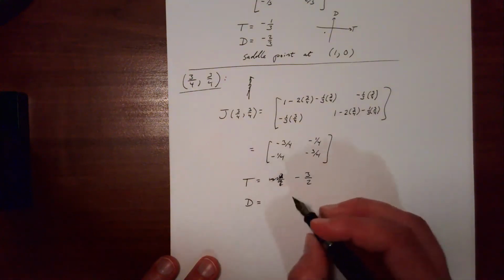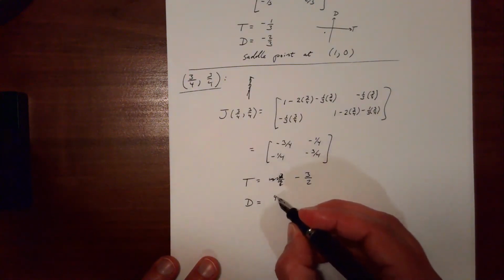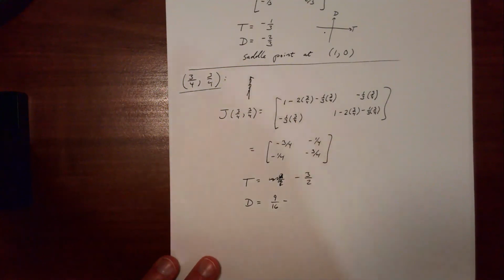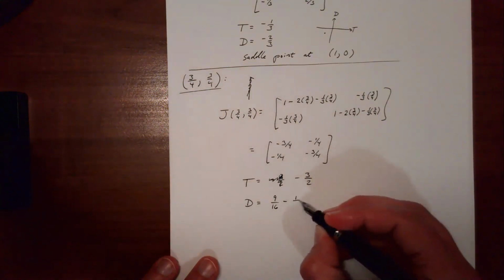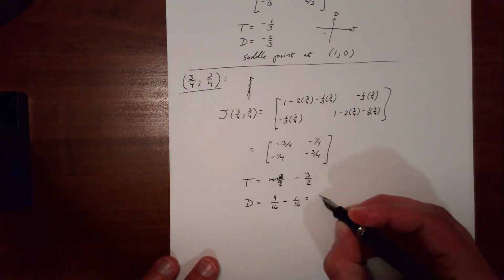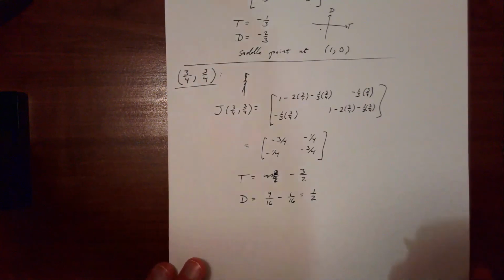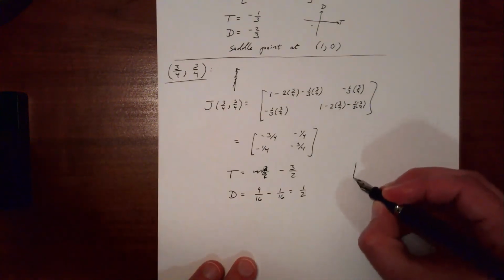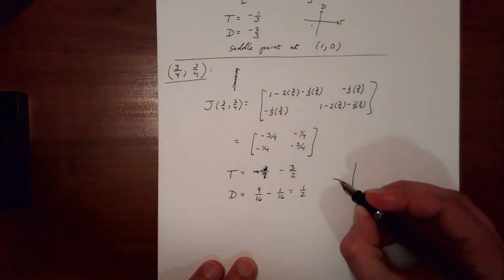And the determinant is going to be 9/16 minus 1/16, which is equal to 8/16, which is equal to positive 1/2. So the determinant equals positive 1/2, the trace equals negative 3/2.